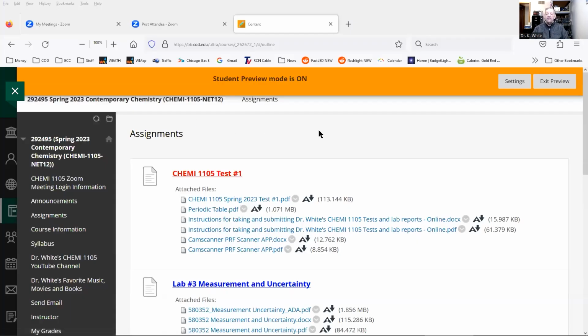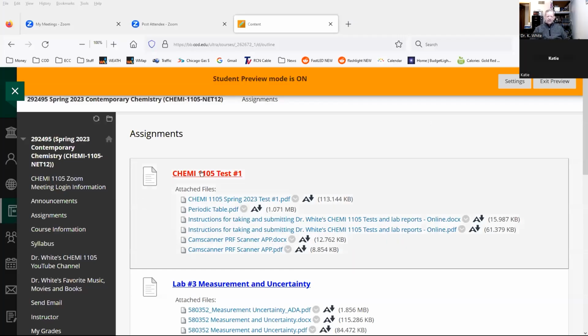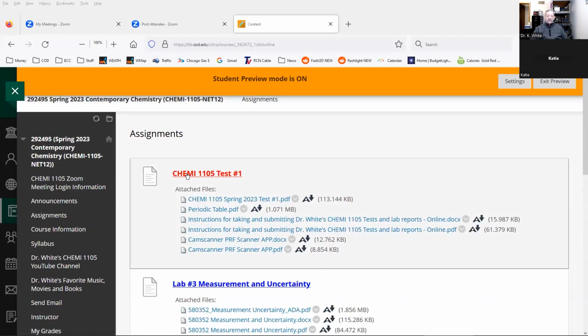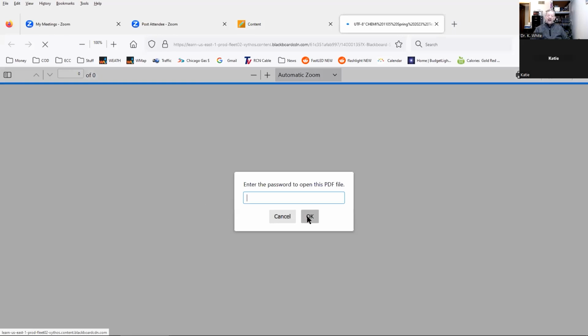and I'm in student view. This morning I uploaded and sent as an assignment test number 1. Now, because this is a password protected file, notice what happens when I click on this. It asks for the password.